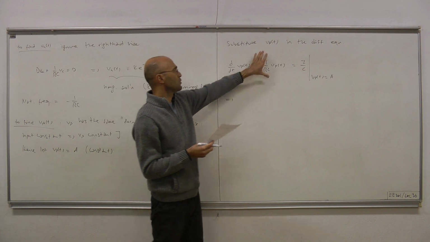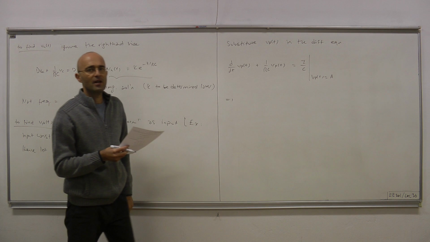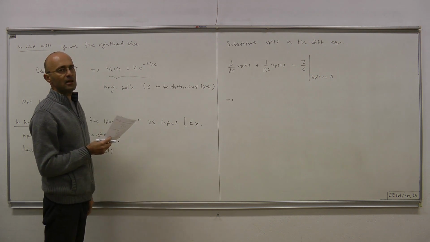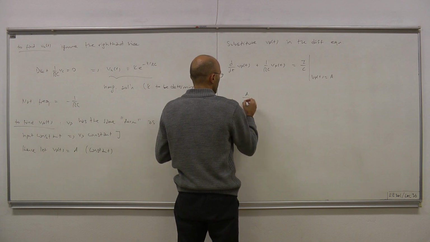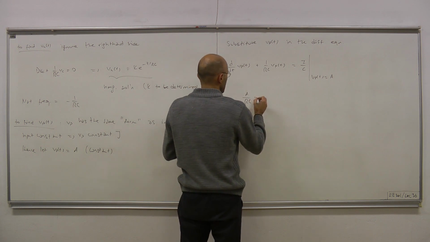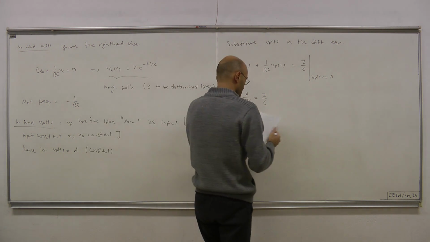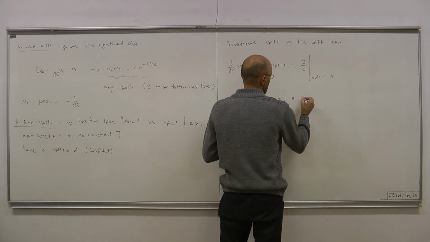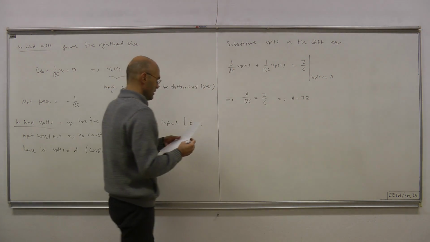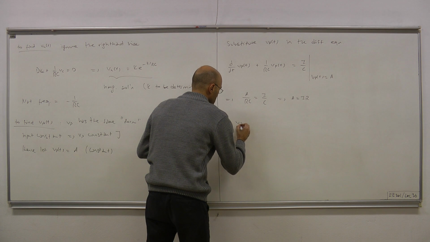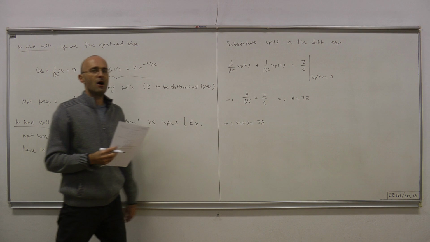What you're left with is 1 over RC times A equals I over C. And that yields A equals I times R. Hence, the particular solution is this constant IR.